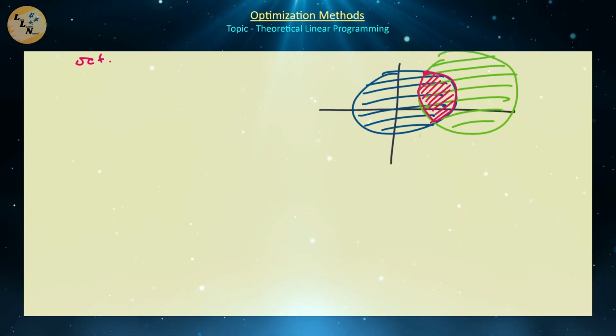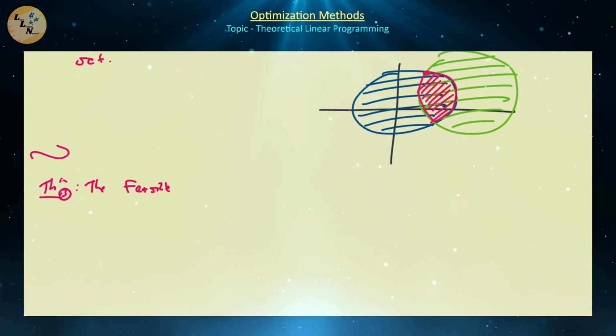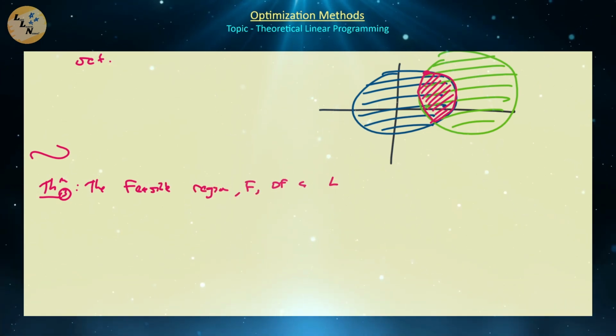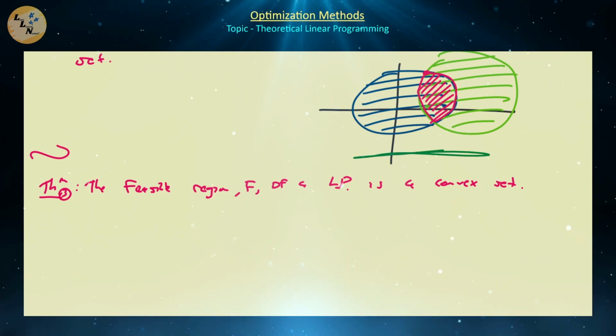Now, how can we combine these 2 theorems into some theorem that we can actually use? So theorem 3. The feasible region, let's call it F, of a linear program is a convex set. Keep in mind, if we're working with linear programs, this picture isn't going to make any sense because they're not linear regions.